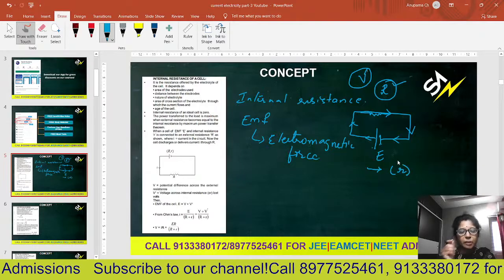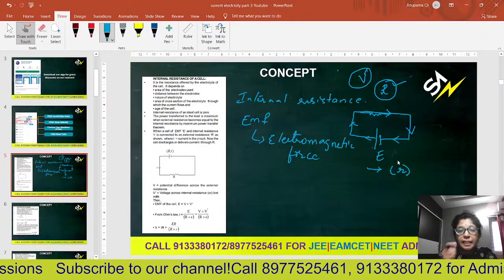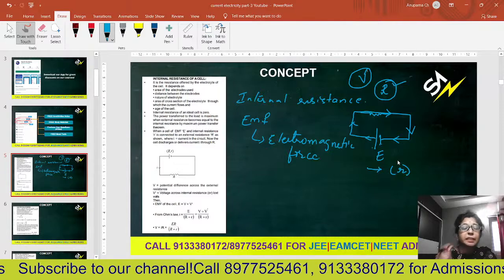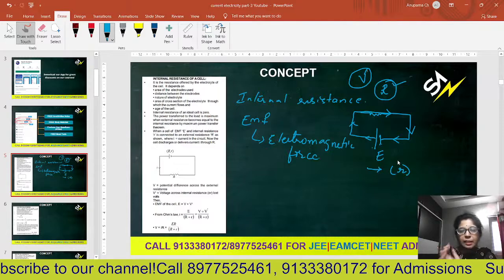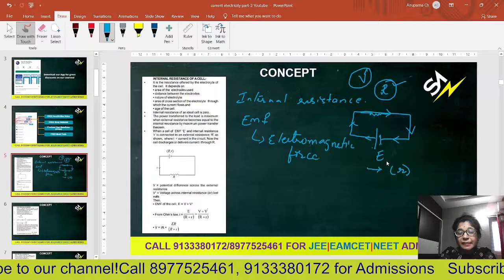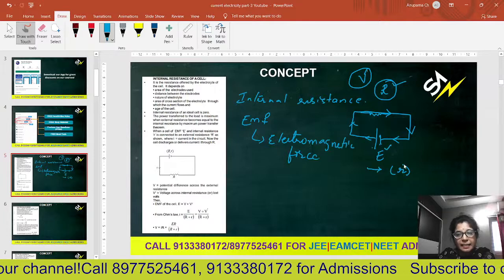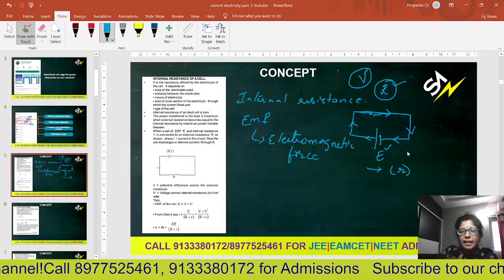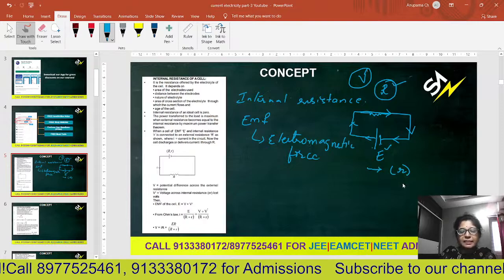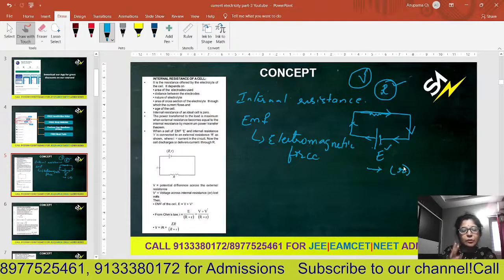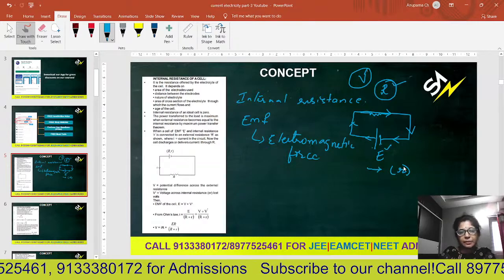Wherever you see this small r, this is nothing but the internal resistance, and that will be inside the battery. So the battery related terms are E, that is EMF, and small r, that is internal resistance. These two are battery related terms.